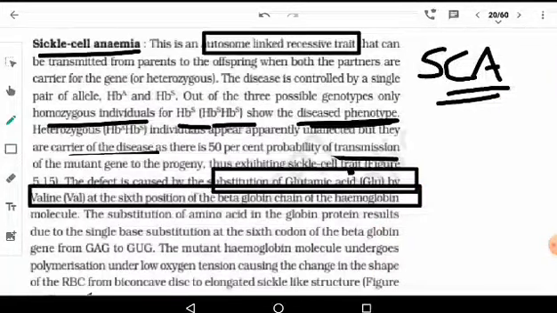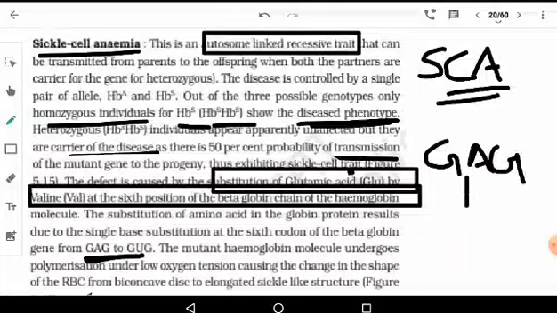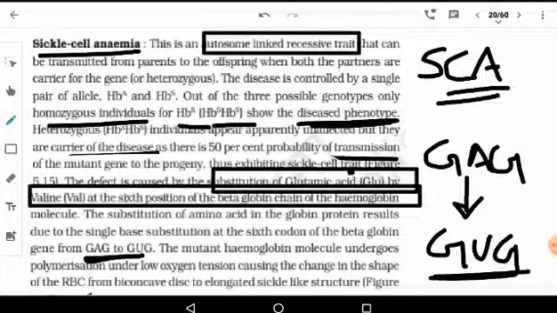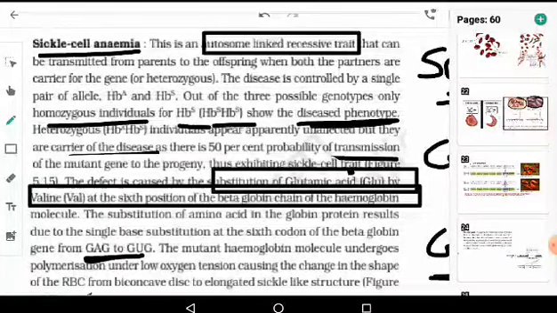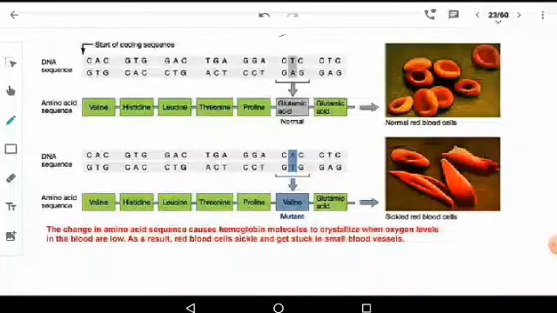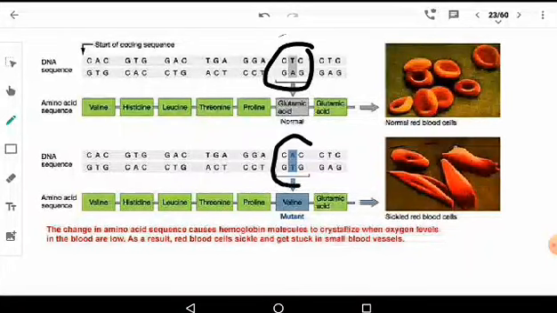Now, what is happening in the base substitution? The base substitution is GAG of the RNA changing to GUG of the RNA base. It is the RNA sequence that is changing. So what is the corresponding sequence in DNA? In DNA it is going to be this. This is the corresponding change in the DNA sequence.